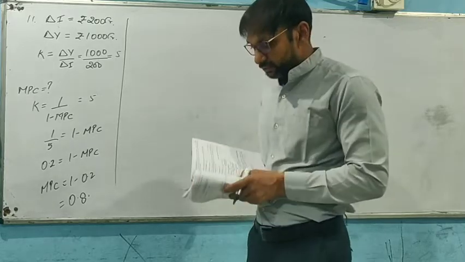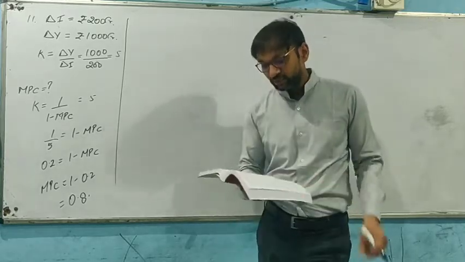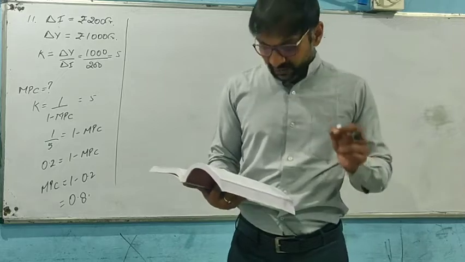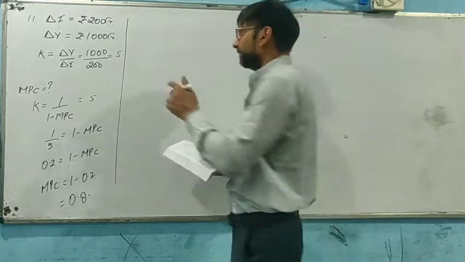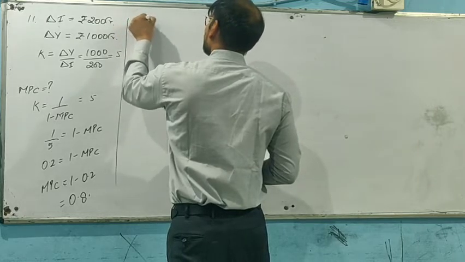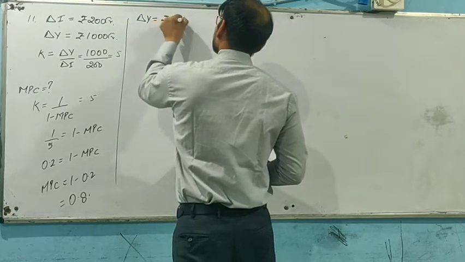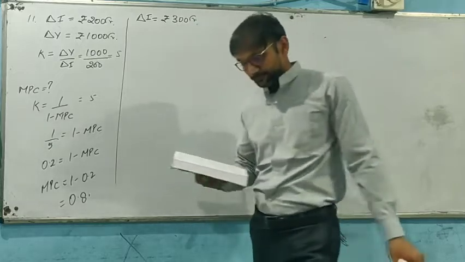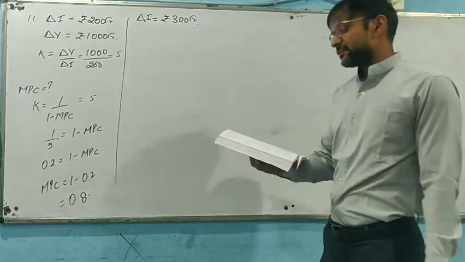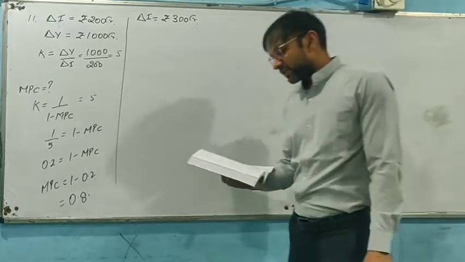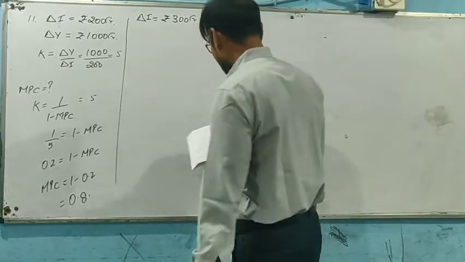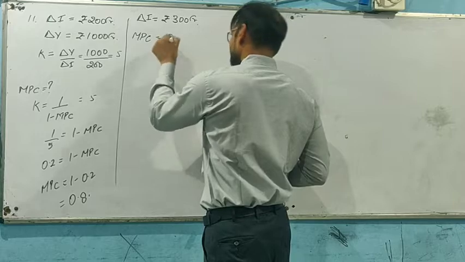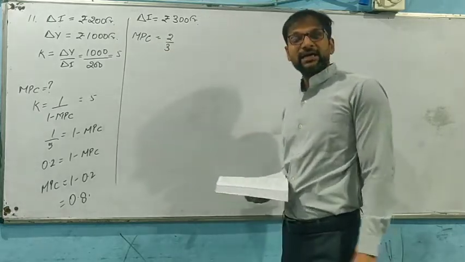In this question, a proportion question that arrived in the 2016 CBSE Board, the question reads as follows: in an economy, investment is increased by rupees 300 crore, that is delta I. If marginal propensity to consume is 2 by 3, we need to find out the increase in national income.